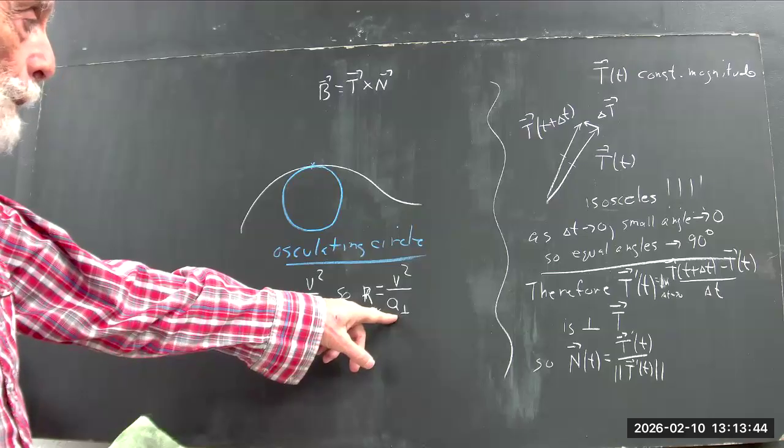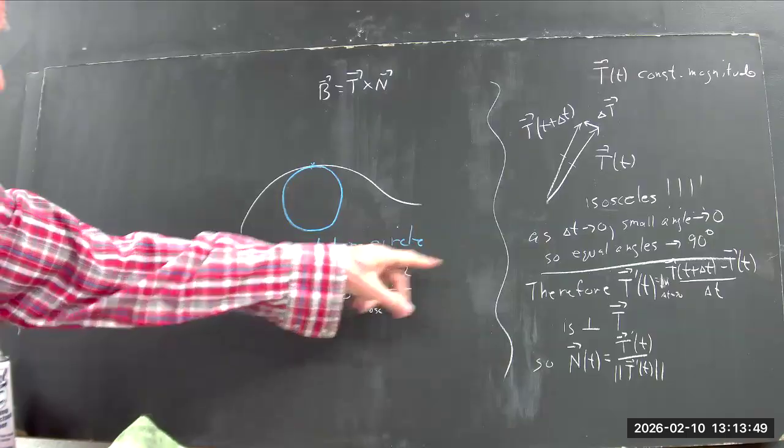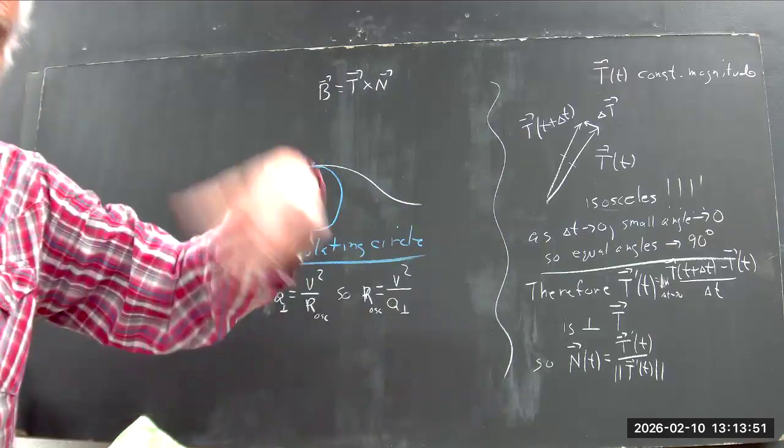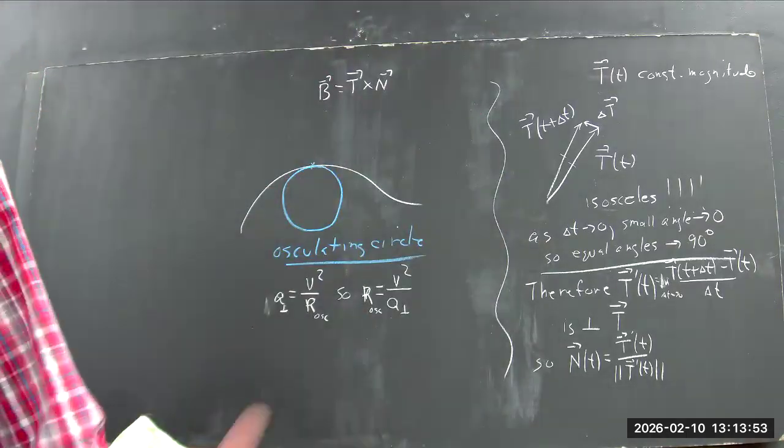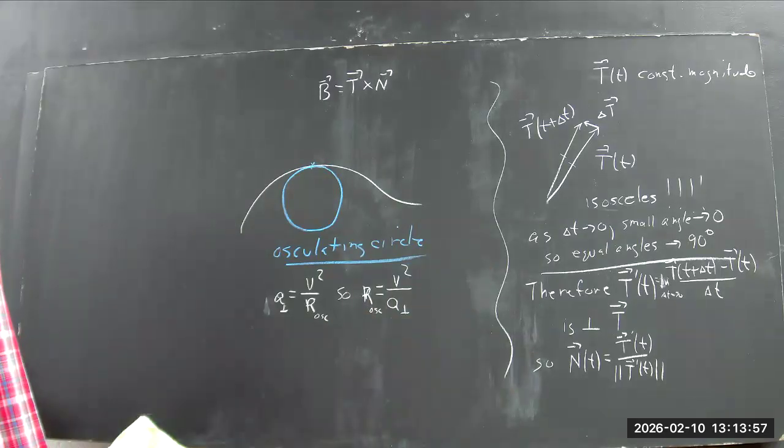Now, it's easy to calculate A perpendicular. You already know V; for that helix, we already wrote down the expression for R prime, which is velocity.